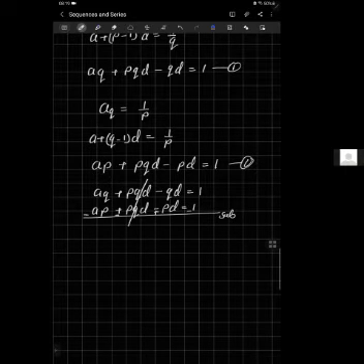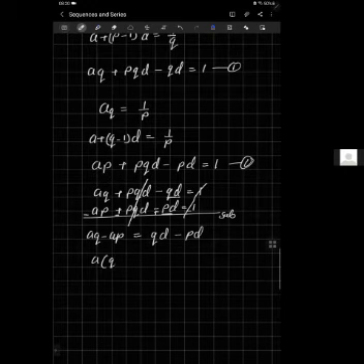PQD will get cancelled. AQ minus AP equals, this is going to the other side, so on the left-hand side it is negative, on the other side it will be positive, QD, and this is positive on this side, on the other side it will be negative, PD. A I am taking common, Q minus P. D I am taking common, Q minus P.